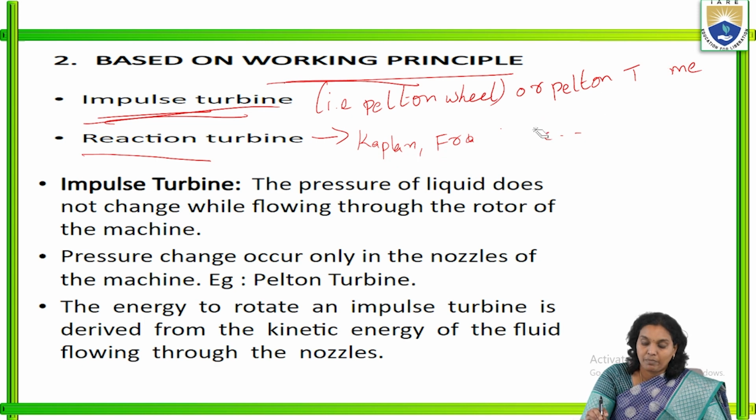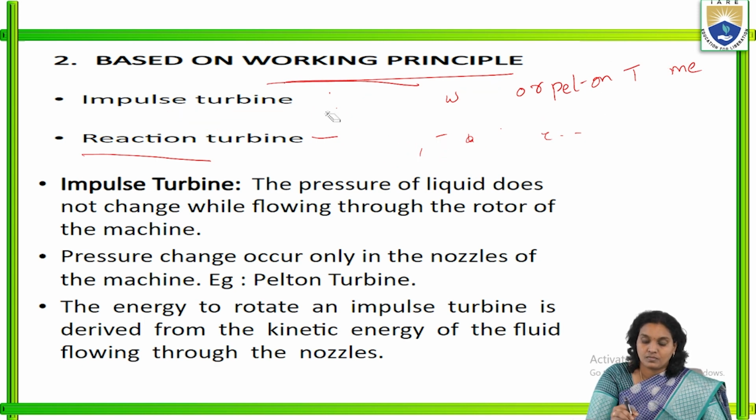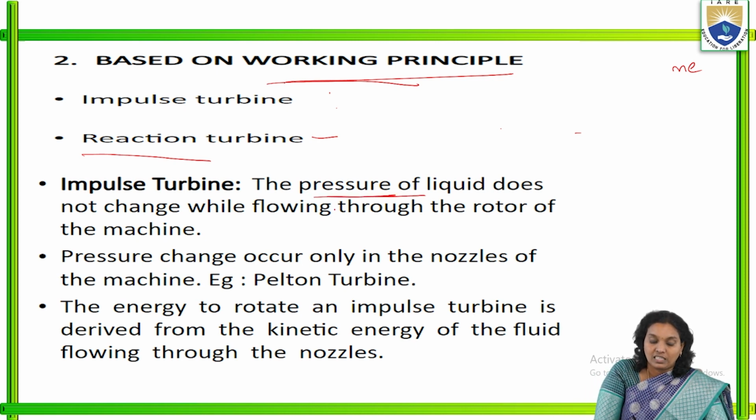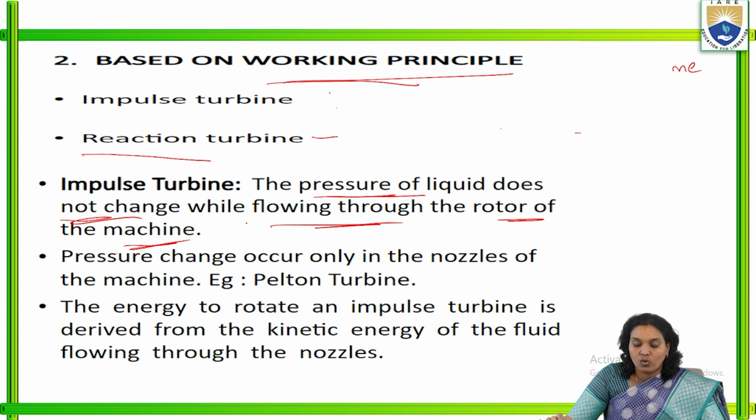Coming to the impulse turbine, the pressure of the liquid does not change while flowing through the rotor of the machine. Pressure change occurs only in the nozzles of the machine.